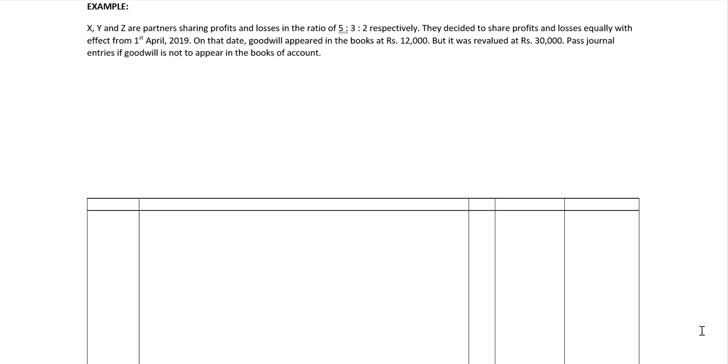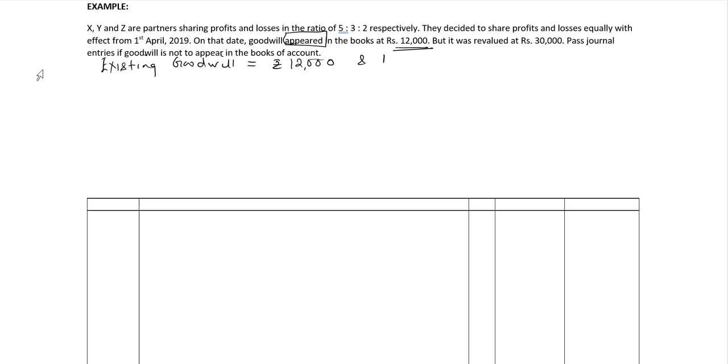Now, as per this problem, existing goodwill, which already appears in the books, is rupees 12,000. Goodwill already appeared in the books, so we know that this is 12,000.